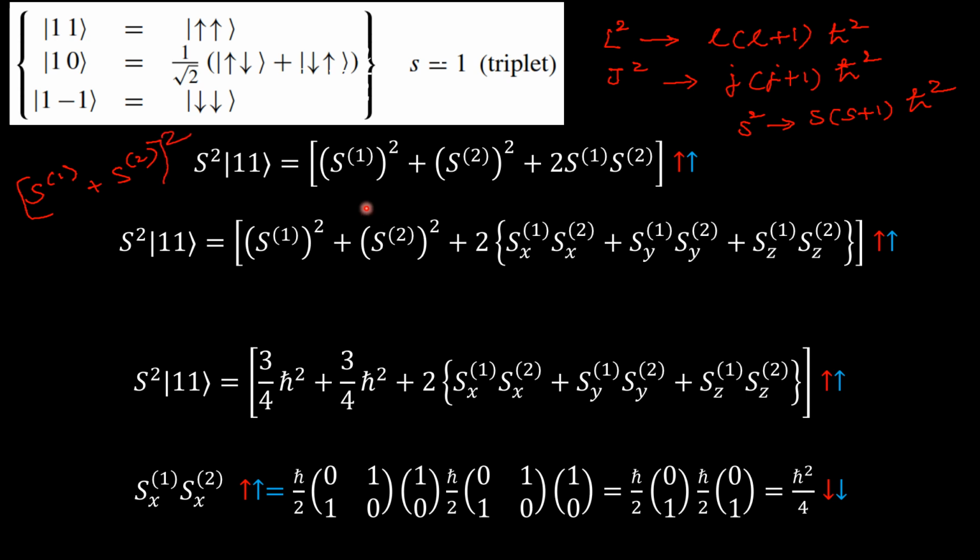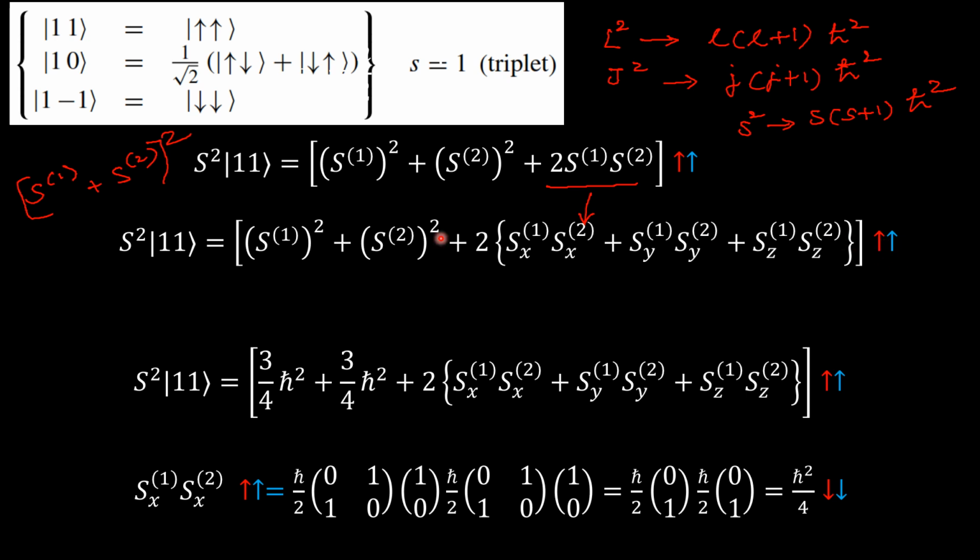This can be written as S1 squared plus S2 squared plus 2 S1·S2. This is possible only if S1 and S2 commute, and naturally S1 and S2 commute. So 2 S1·S2 can be expanded, because it has three components, as 2 times (Sx1 Sx2 plus Sy1 Sy2 plus Sz1 Sz2), which acts on the spin up state of the electron and proton.